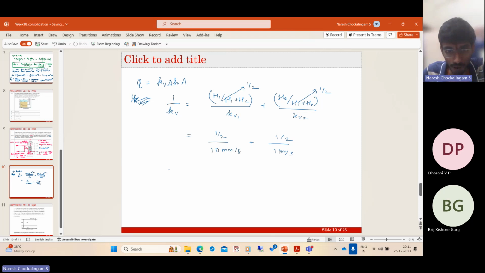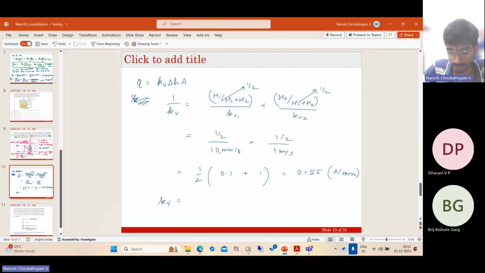So this will be half into 0.1 plus 1. This is 1.1 by 2, which is 0.55 second per mm. This is 1 by kV, which means kV is 1 by 0.55, which turns out to be 1.818 mm per second.